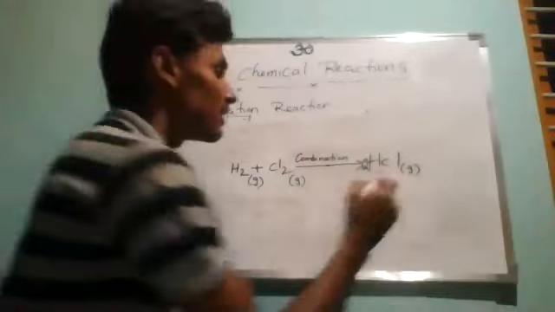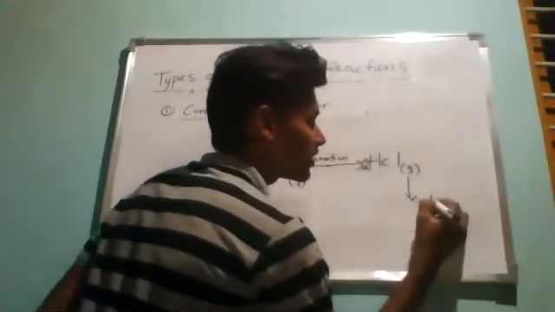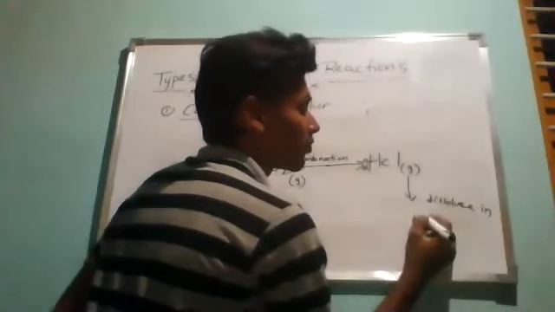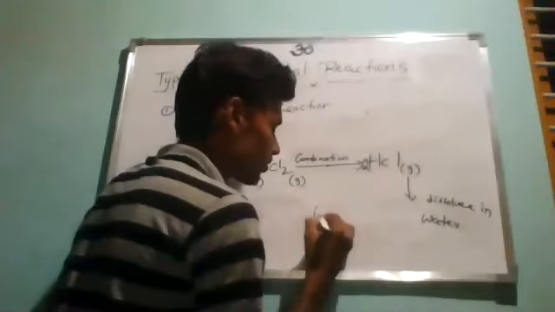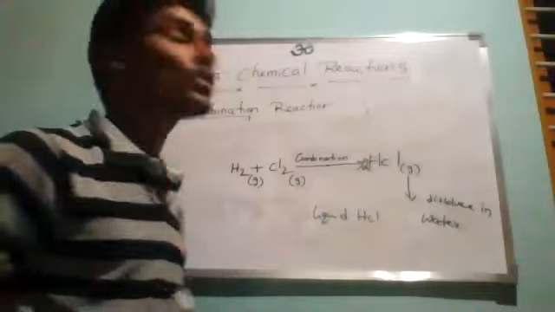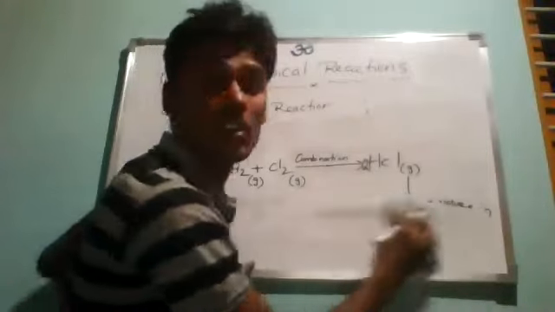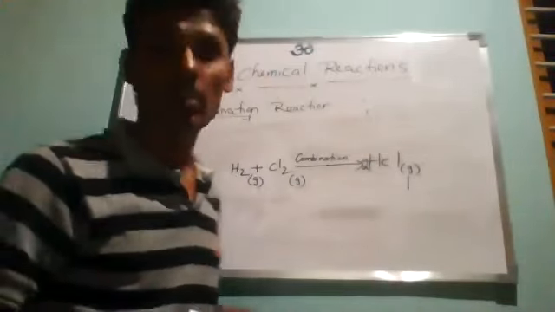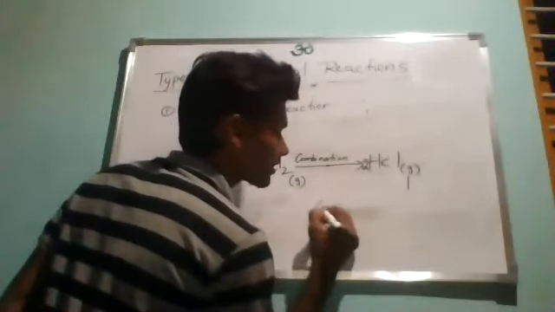That is why we dissolve this gas in water. You remember, dissolve in where? Water, and then we form liquid hydrochloric acid, which we can represent. We know that already. Any solution which forms by dissolving in water is called aqueous state.